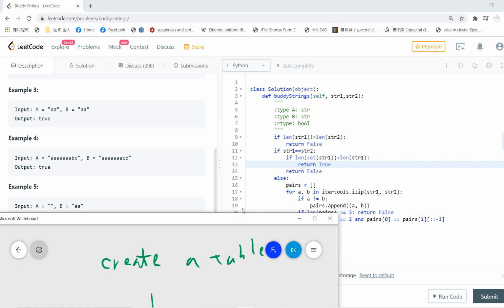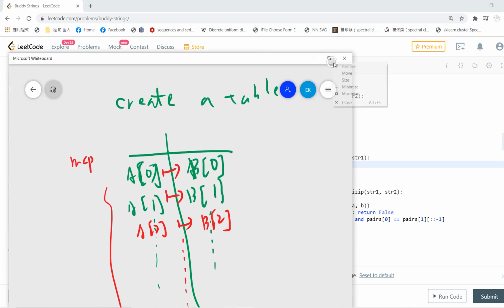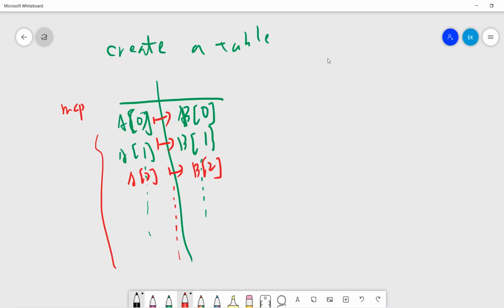Actually I should not say table, I should say tuples. So we have this type of tuples.